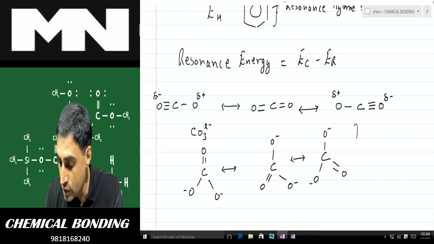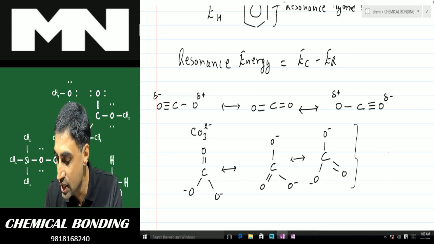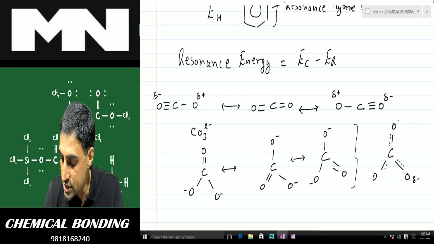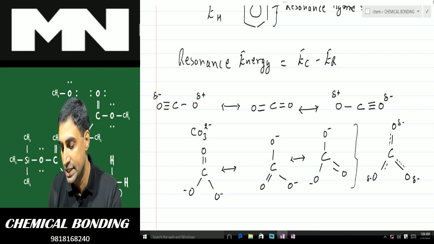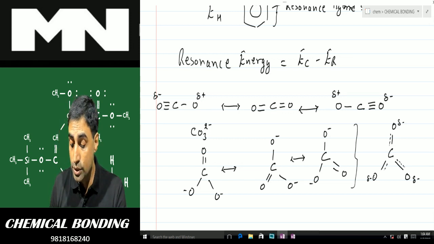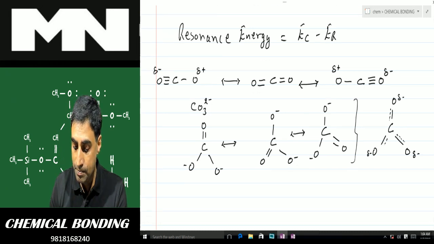And if I combine all these three structures, I'll get their resonance hybrid structure. So I can draw the moving pi electrons like this by these dots. And the small negative charge can be represented like this because the negative charge is moving on all the oxygen atoms, so it can be represented like this. So these are the resonating structures of carbonate ion.